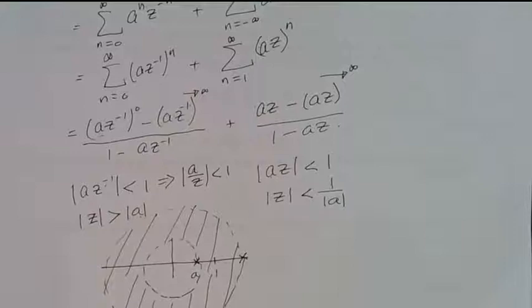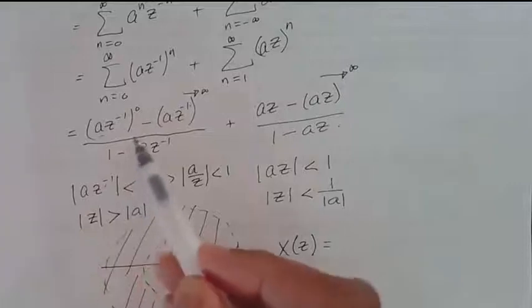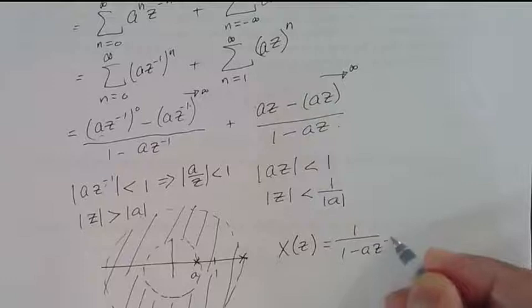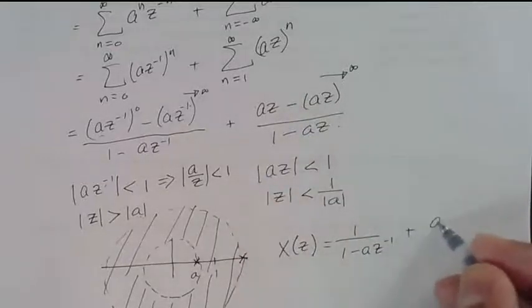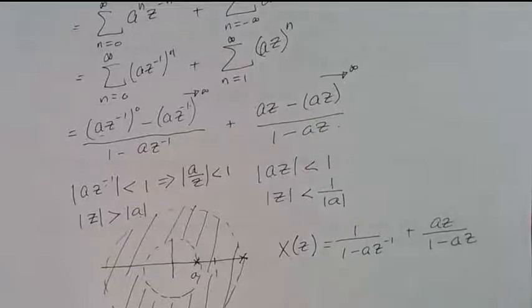Okay, so we get X of z then is equal to, let's write this, a to the power 0 is just 1, so 1 over 1 minus a z to the minus 1 plus a z over 1 minus a z, in this annular region. Let's combine these. So this is just z over z minus a plus a z over 1 minus a z.